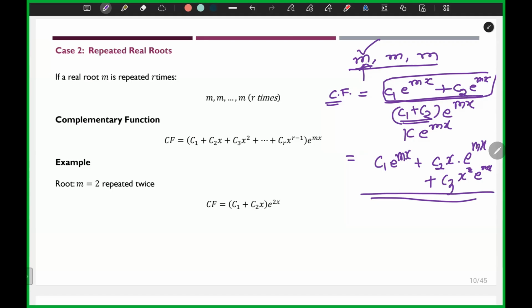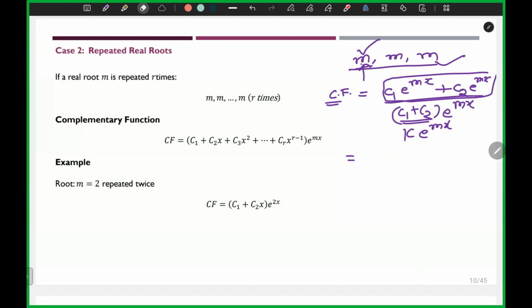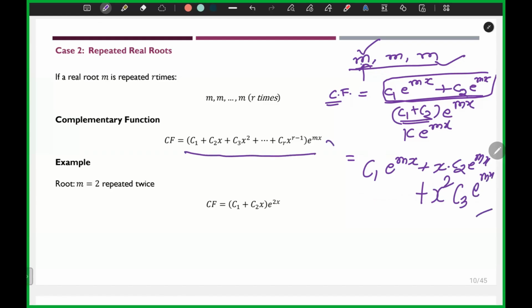Whenever a root repeats 3 times, the power goes up to x to the power 2. If the root repeats r times, we have to go up to r minus 1, that is c1 e to the power mx plus x times c2 e to the power mx plus x square c3 e to the power mx. So this part is clear to all of you.